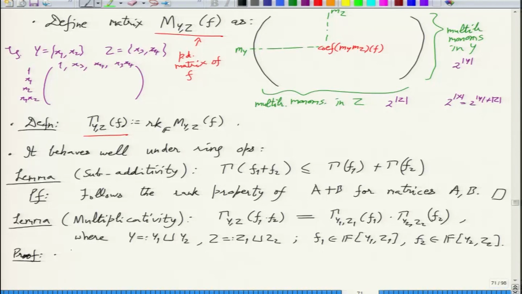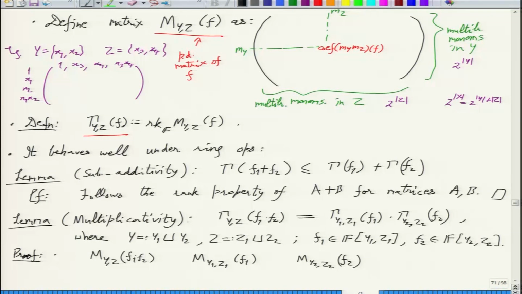Yeah, so let us define the matrices. So M_Y, Z, F1, F2, first matrix, second matrix, and third matrix. So who will guess the relationship between these three?